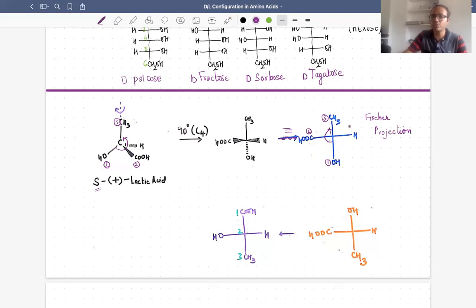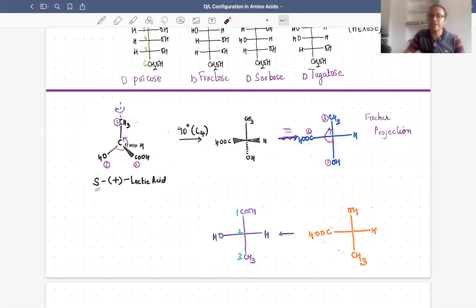this hydrogen group that you see here, the lowest priority, is on the horizontal bond. So if you remember your stereochemistry, whenever you assign the configuration and rotate it, and if your lowest priority group, that is the fourth group, is on the horizontal bond, then whatever configuration you are getting, the actual configuration is the opposite of it.